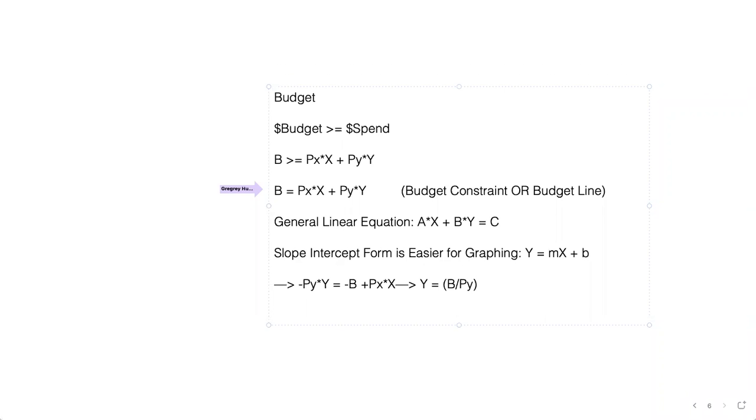And then we'll end up with minus this price ratio px divided by py times x. Okay, and this is the form of the budget line that we want to deal with because we can graph it easily.